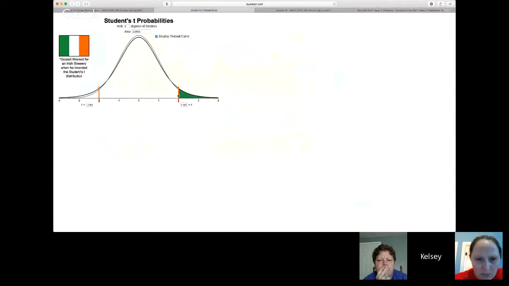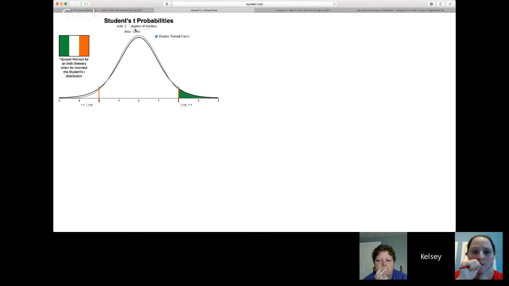Oops. So would greater than be both of these together or just this one? Well, if 2 is positive, I would think it would be just to the right. Yeah, but it comes up with the same. But is the question asking us to use a different p-value?